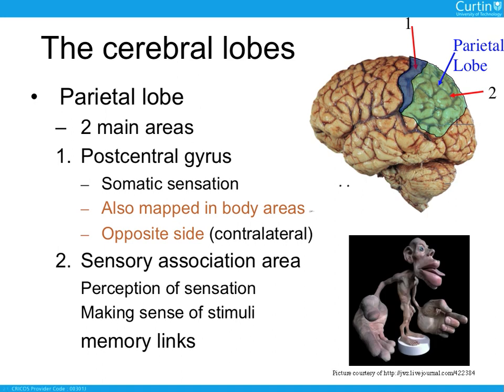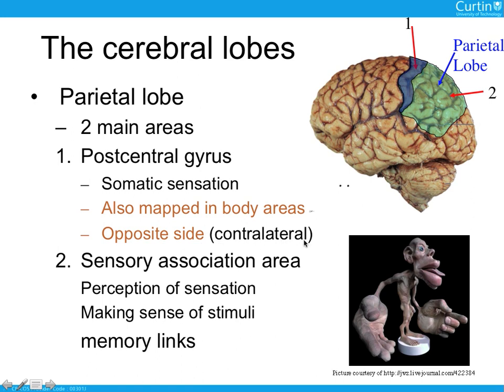Let's move on to the parietal lobe. Two main areas. One is the postcentral gyrus that you can see here in the blue. And this contains the primary somatosensory cortex. Big name, primary somatosensory cortex. Also mapped in body areas, and it also receives sensation from the opposite side, the contralateral side.